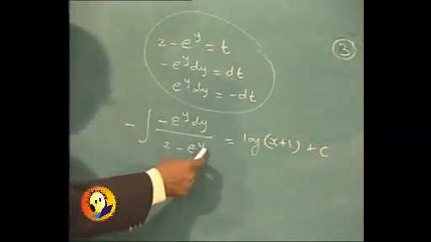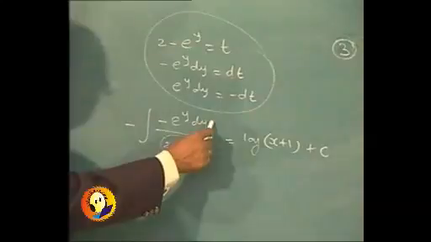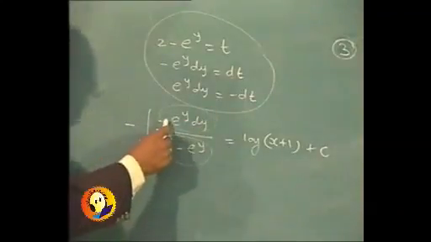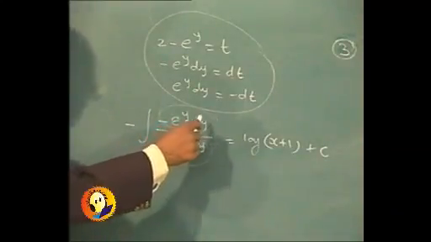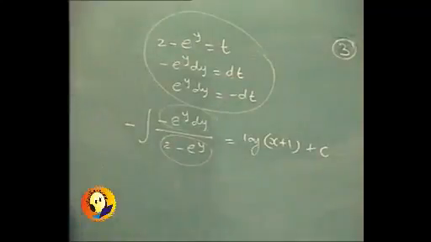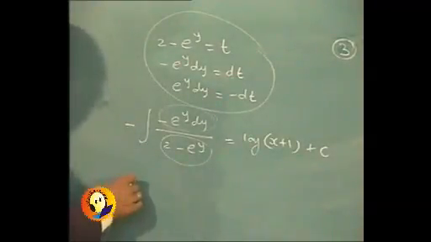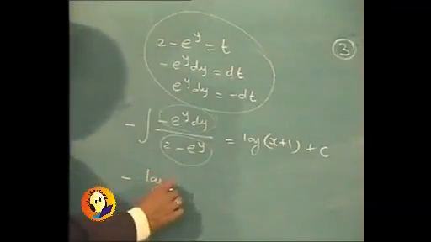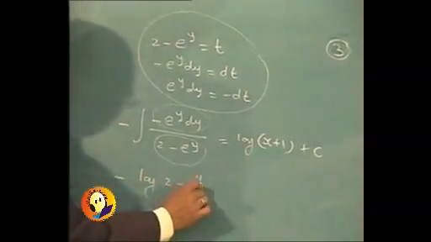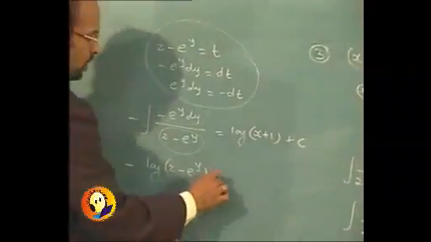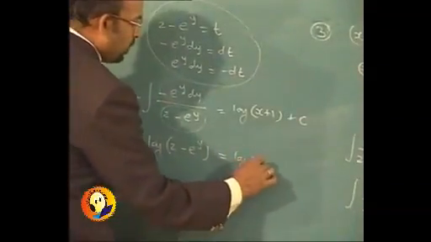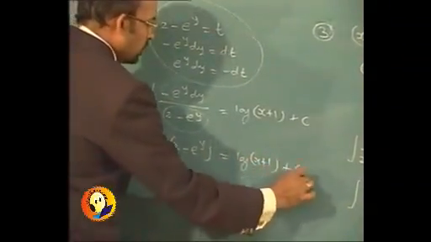Then we have got differentiation of denominator in the numerator. So it is f dash x dx upon fx, which can be integrated as log of fx, and so it comes out to be minus log of (2 minus e raised to y) equal to log of (x plus 1) plus constant.